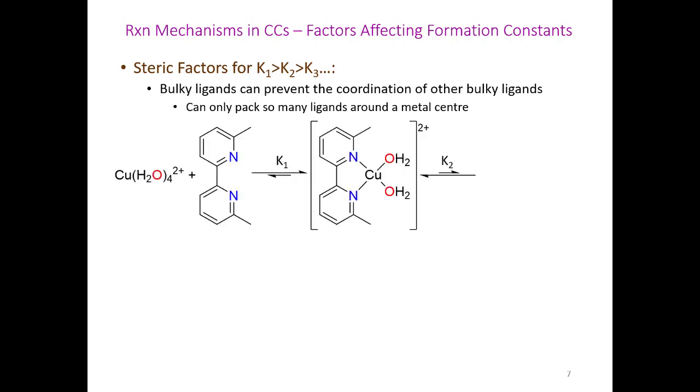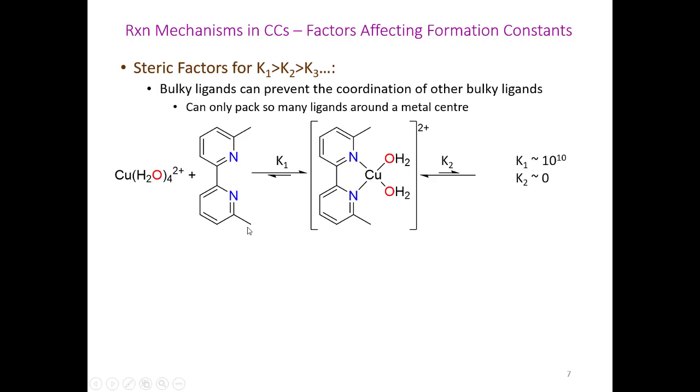So an extreme example of this is generating a copper compound with this bipyridine variant, and you can see there are methyl groups ortho to the nitrogens in the bipyridine ligand. So these methyl groups here are in the ortho positions.